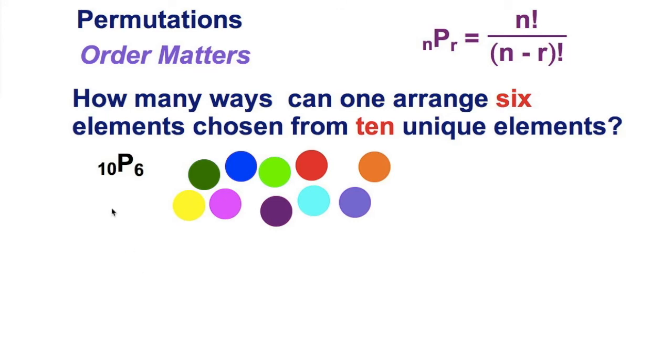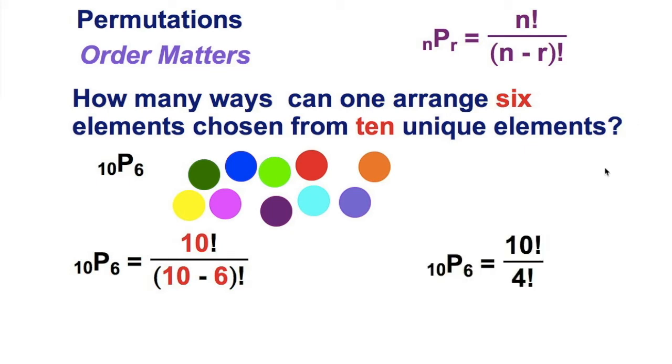And again, this is 10 permute 6. So let's go with our formula. Well, we've got our formula up there because we've got this down by now. And we're just going to do the substitution. 10 factorial over (10 minus 6) factorial. Well, we simplify.